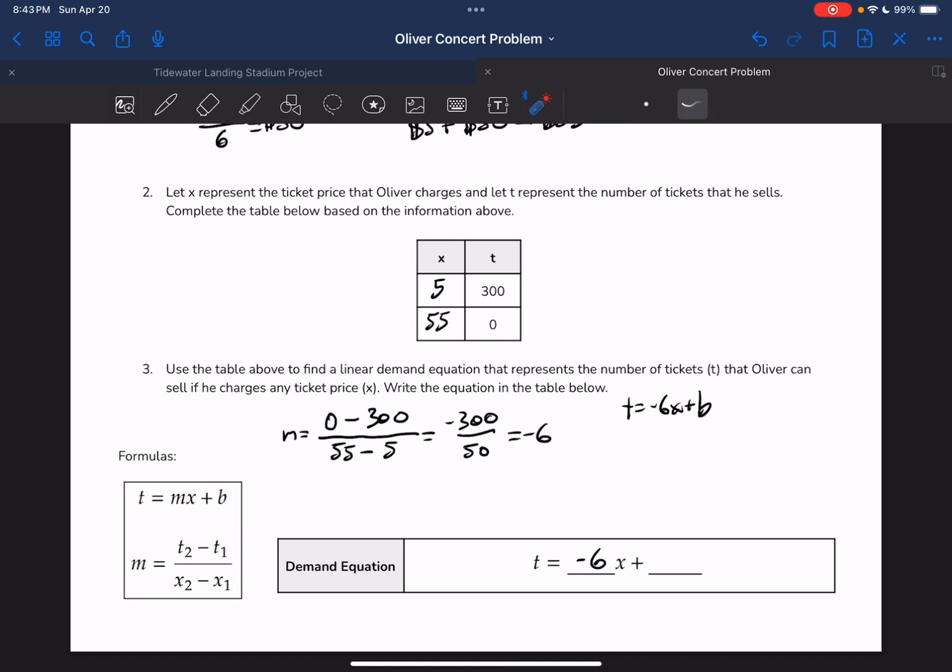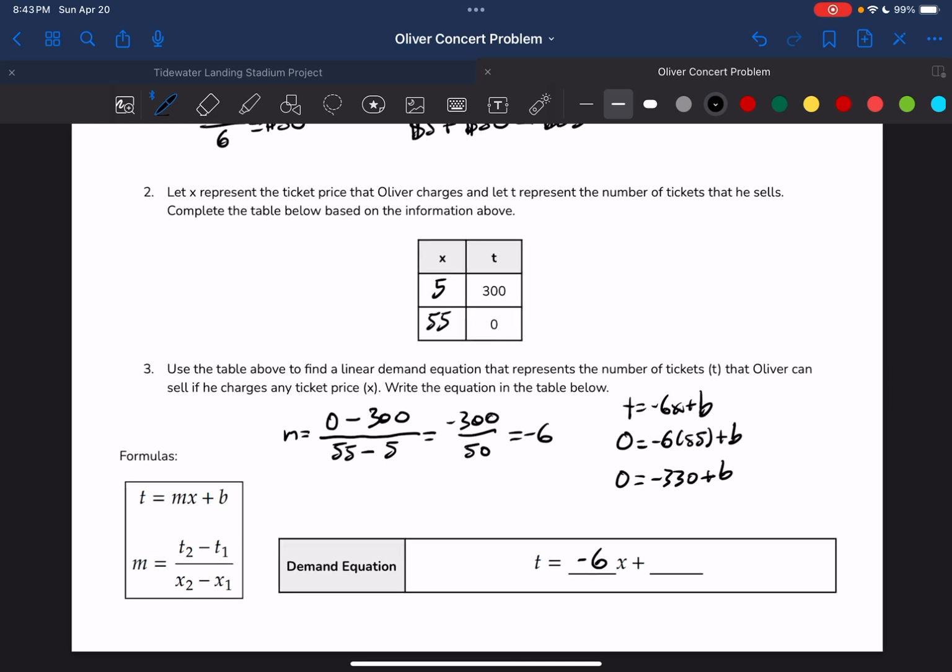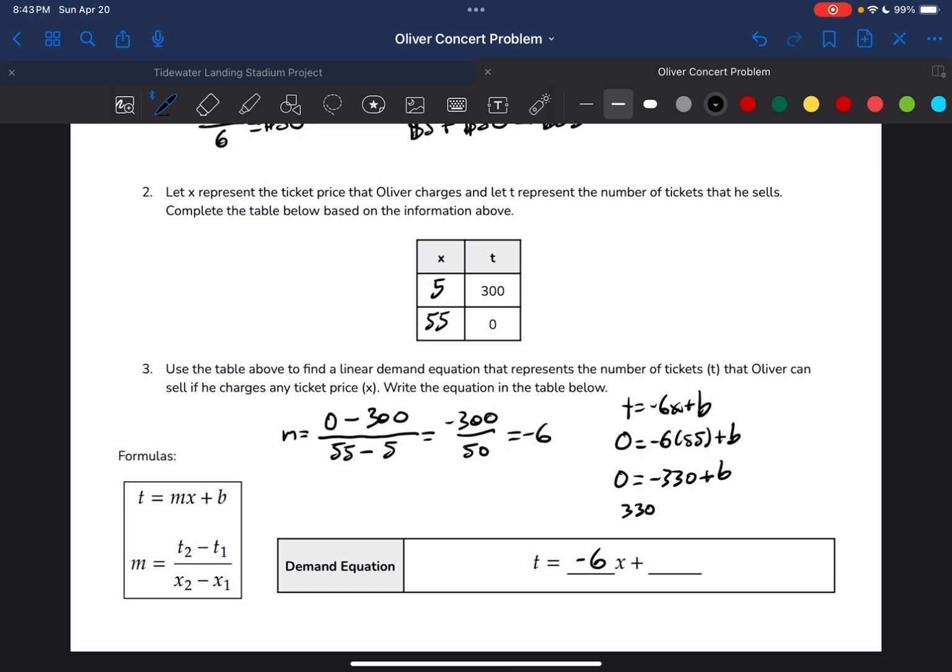So in this row, we have T is equal to 0, and we have 0 is equal to negative 6 times X, where X is 55, plus B. If we multiply those two out, we're going to get 0 is equal to negative 330 plus B. Adding 330 to both sides, we're going to get 330 is equal to B.